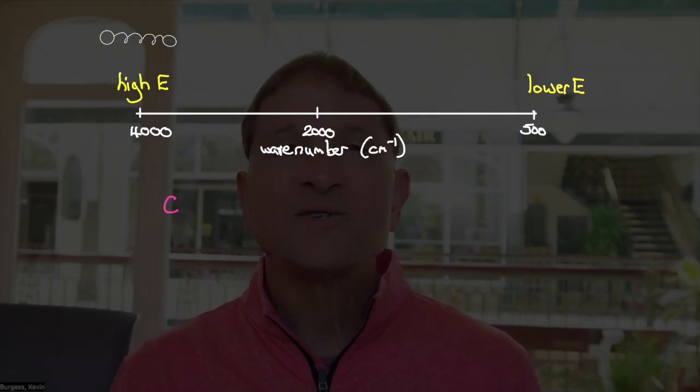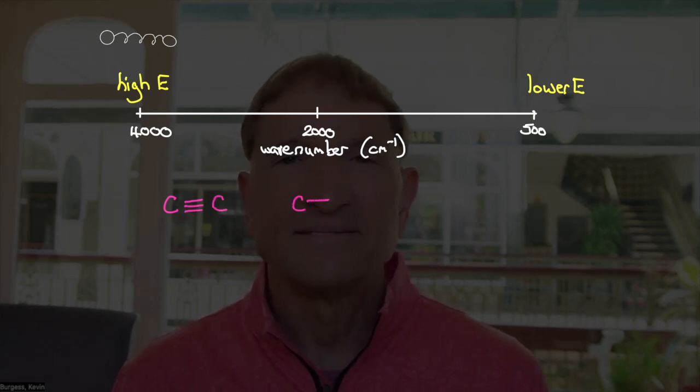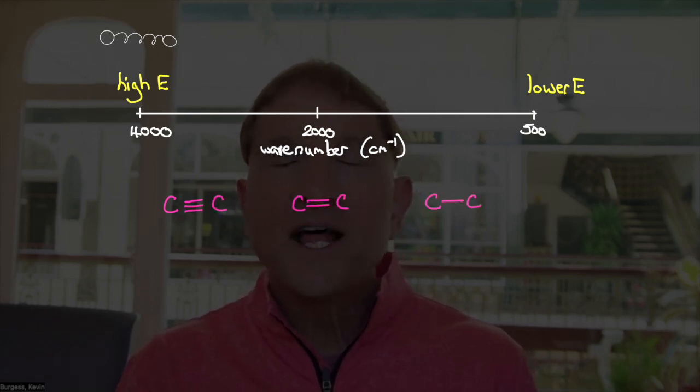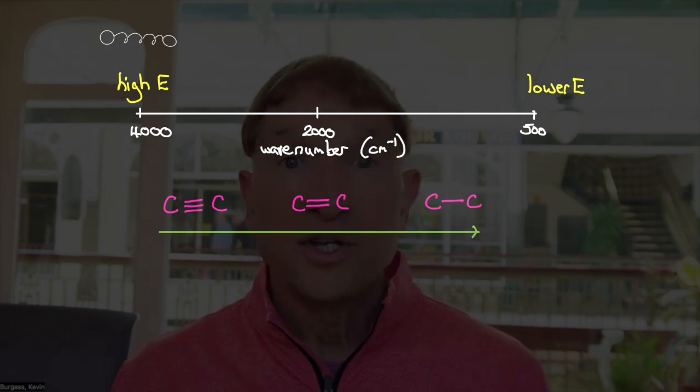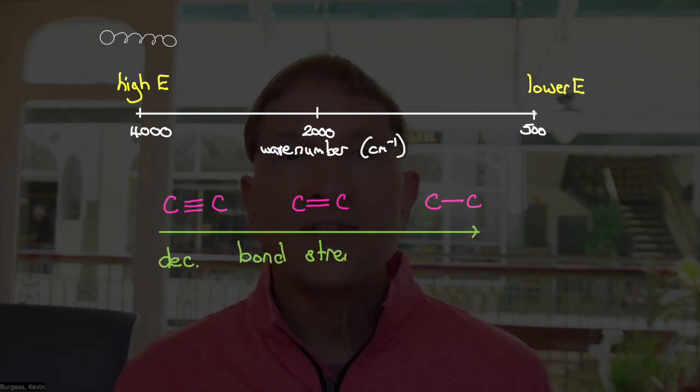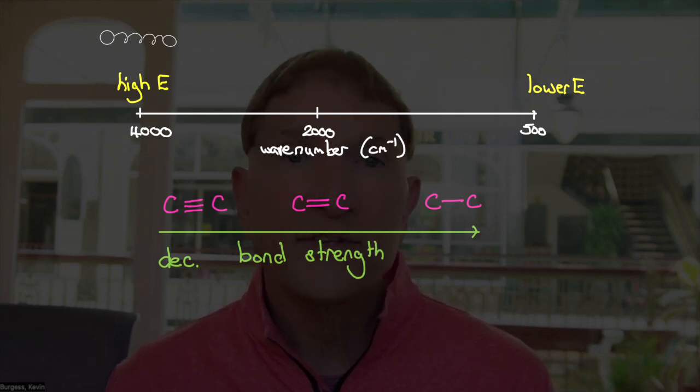Let's go back to balls on a spring. Springs are like bonds. Strong bonds give higher energy vibrations that occur at higher wave numbers.